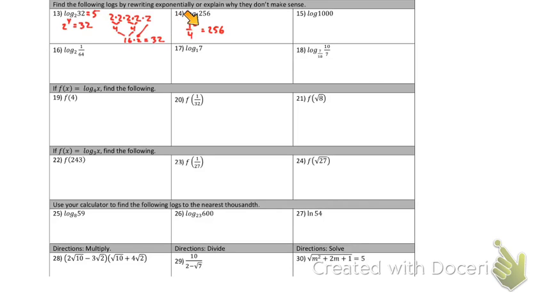So 4 to the what power gives me 256? Basically 4 to the what power gives me 256, and that answer should be 4. So the exponent that turns 1/4 into 256 is -4.